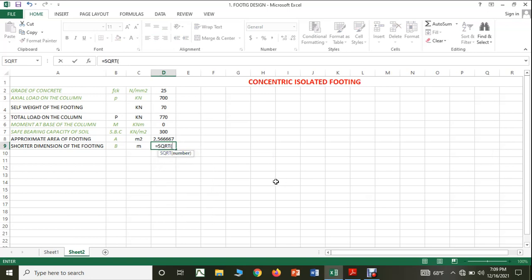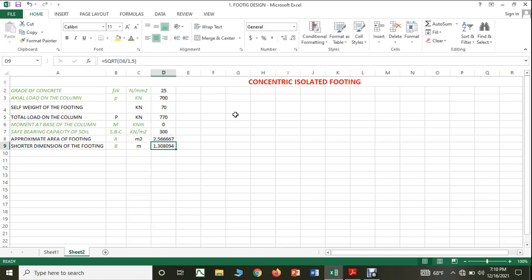SQRT. Now it came, double click on that, it will come SQRT. In the bracket it is this divided by 1.5, close the bracket, give enter. So you got now. If you click on that, it will show you SQRT, D column row 8, right?